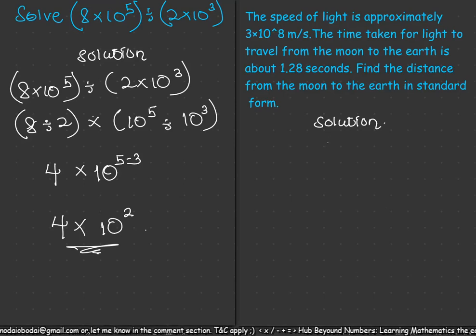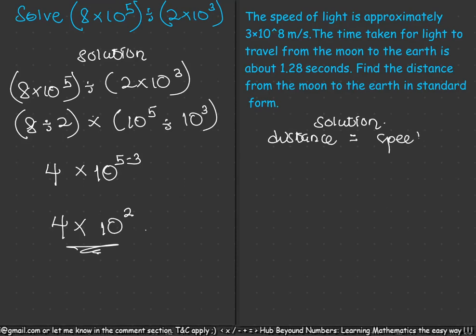Our solution: we've been given the speed of light, and then we also have the time. If your basic scientific formulas are good, then you should know that the distance is equal to the speed times time.